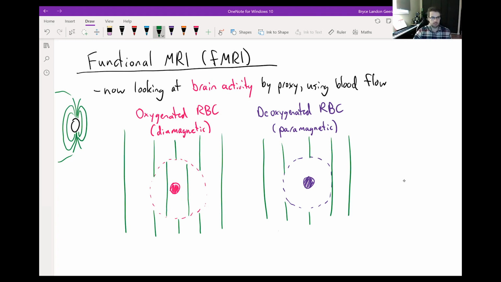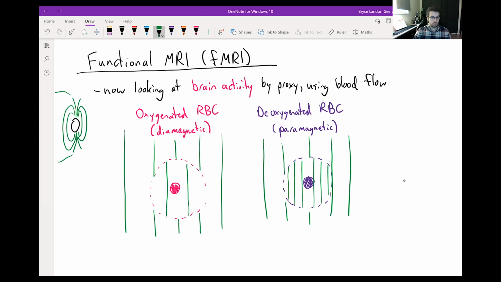And it's the opposite for paramagnetic, where instead of those 3 lines passing through this area of influence where there's a magnetic field interaction, the magnetic field is essentially amplified. So instead of 3 lines, now there's 6 or something like that. So the paramagnetic material experiences an increased magnetic field compared to the field strength of our MRI, and oxygenated or diamagnetic material experiences the opposite.